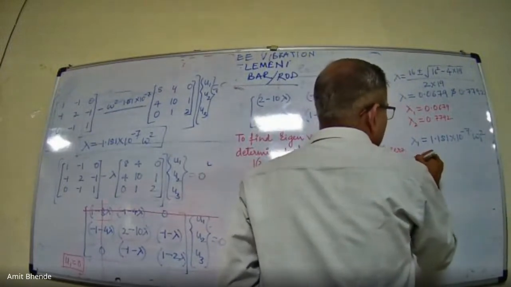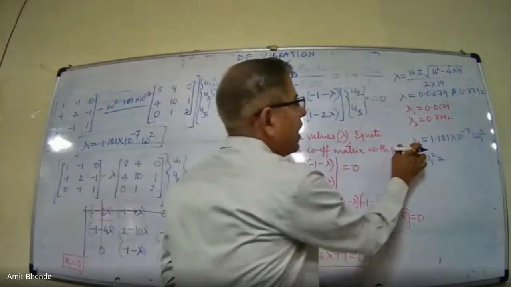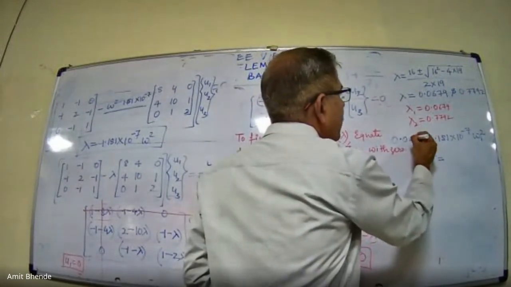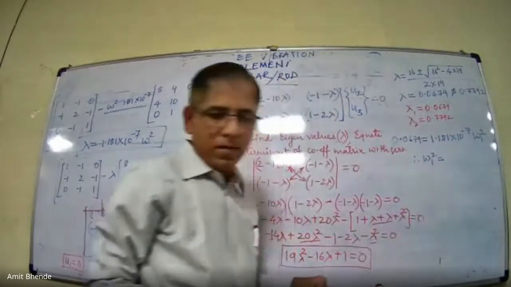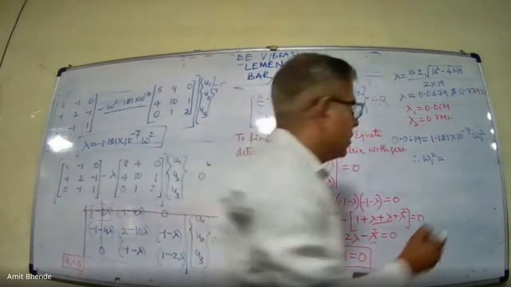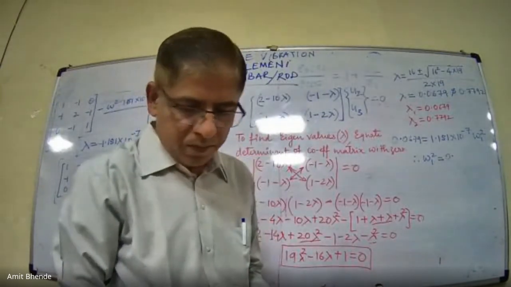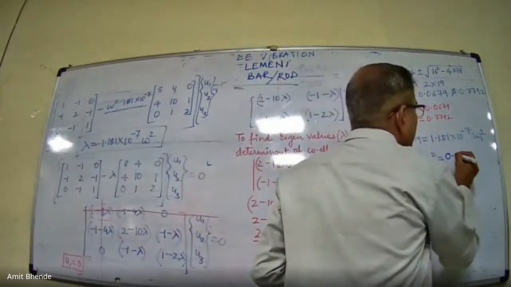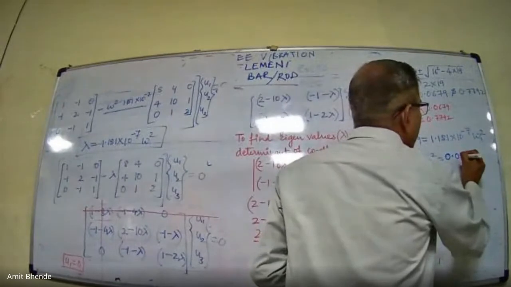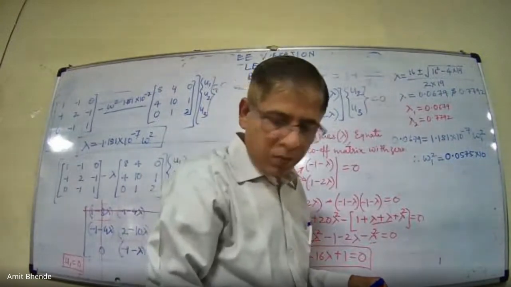So here omega 1 square is equal to, if you put the value of lambda 1 as 0.0679, then omega square comes out to be 0.0575 into 10 to the power plus 7.